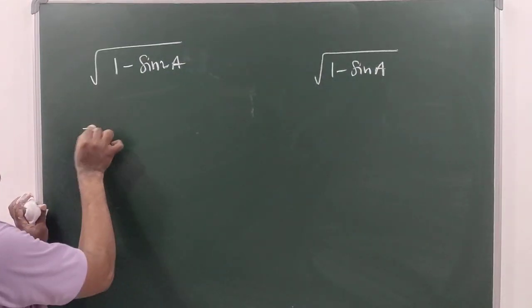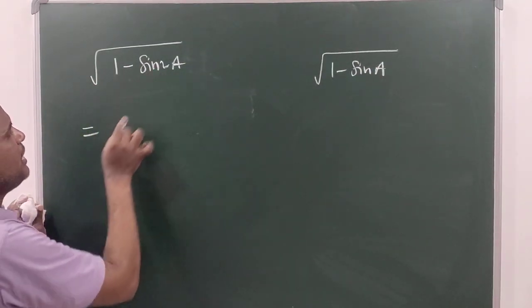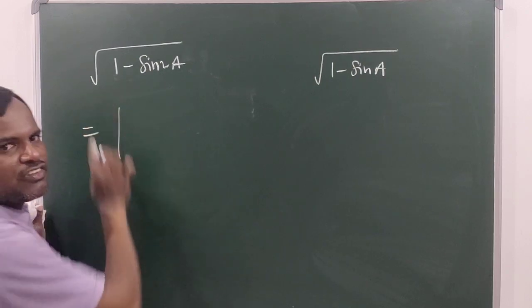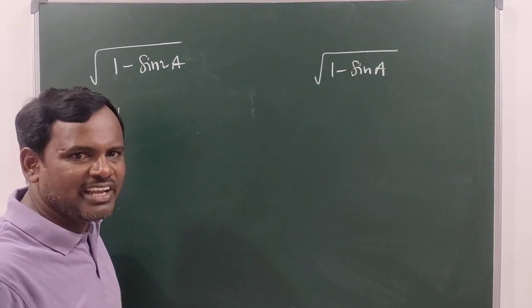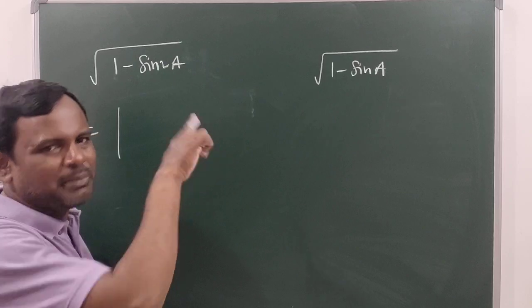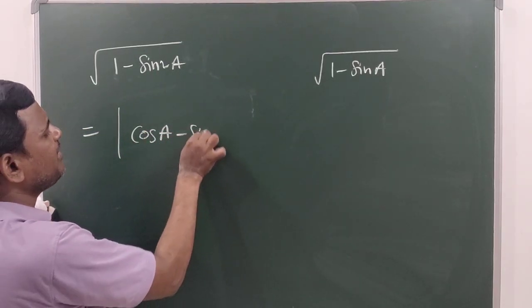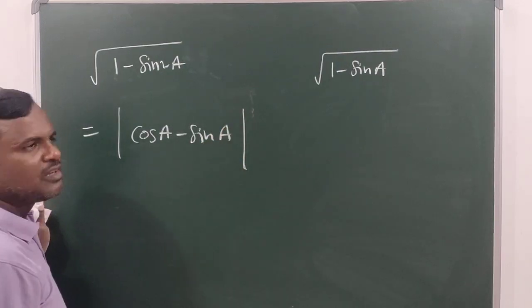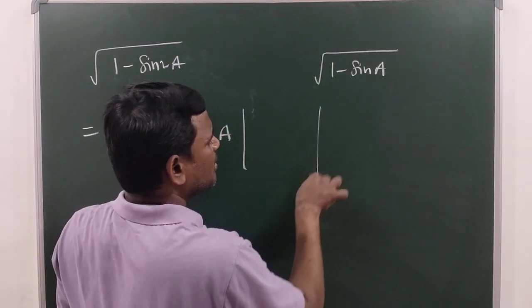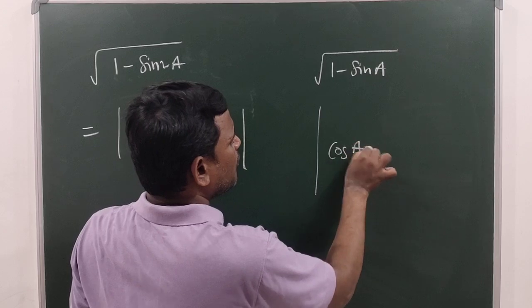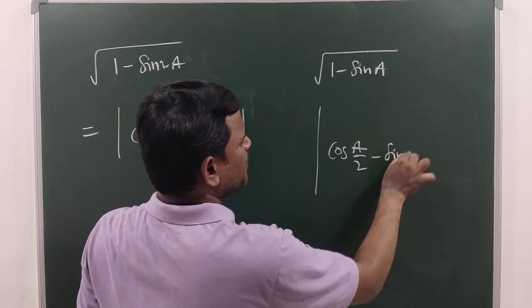So on finding the square root of 1 minus sin 2A, what do we get here? This one you have to write cos square A plus sin square A. Same like previous one. Finally we will get here cos A minus sin A. And here mod of cos A by 2 minus sin A by 2.